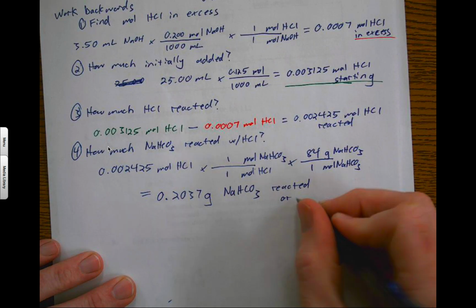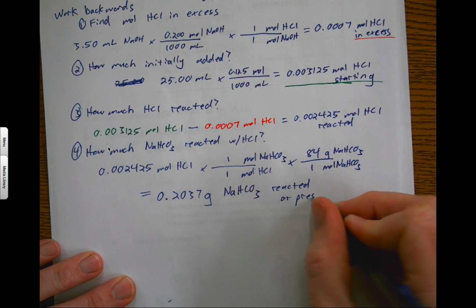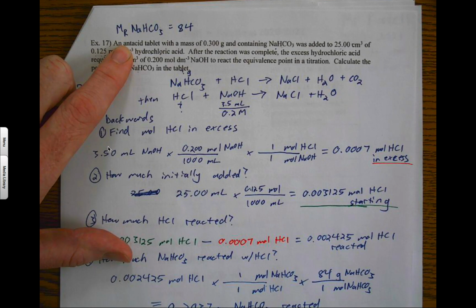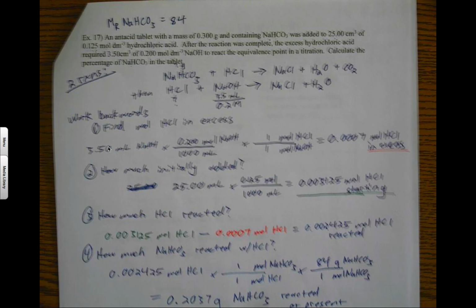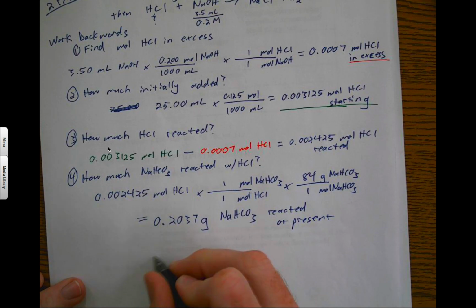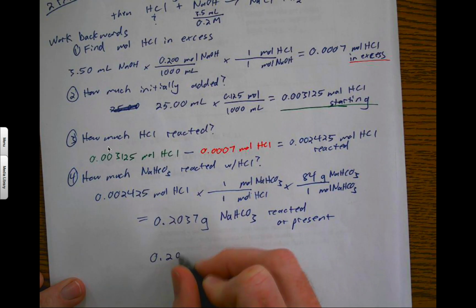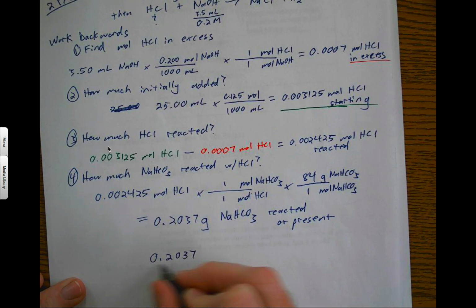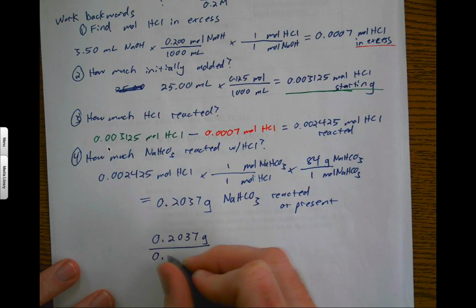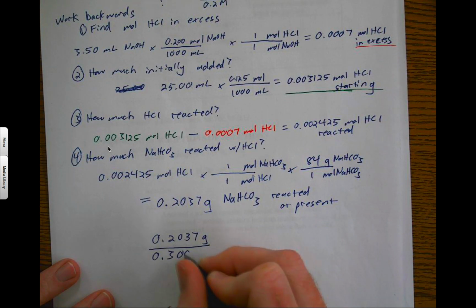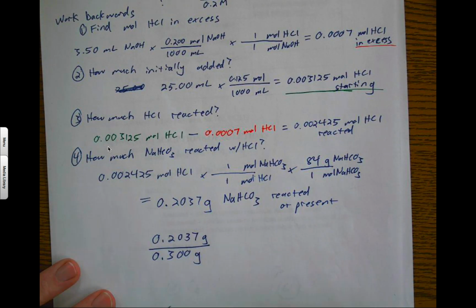Or present, okay, because not all of the antacid tablet was sodium bicarbonate. You're trying to find the percentage of it, right? How much was in there. So now we know that of the tablet, there was 0.2037 grams, and the whole tablet weighed 0.3 grams.